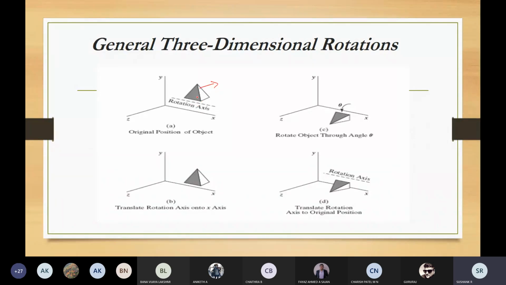So you can use a series of transformations to perform rotation on these kinds of objects where it is not coinciding with the coordinate axis.